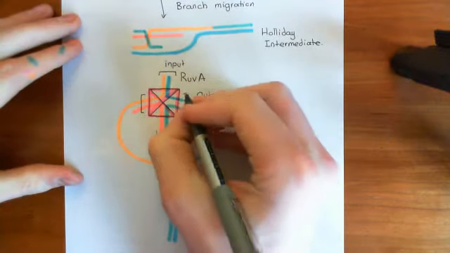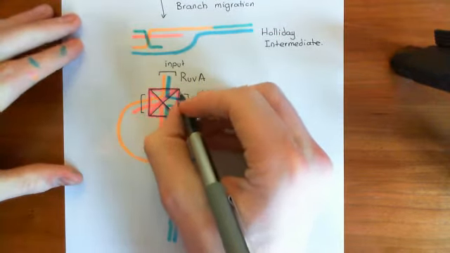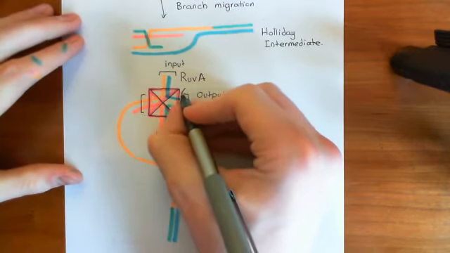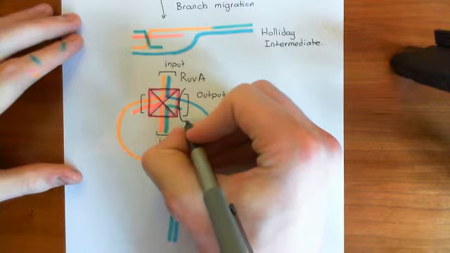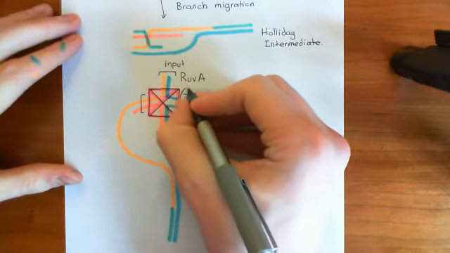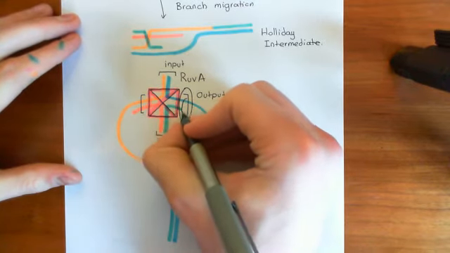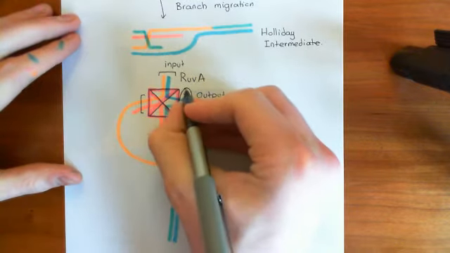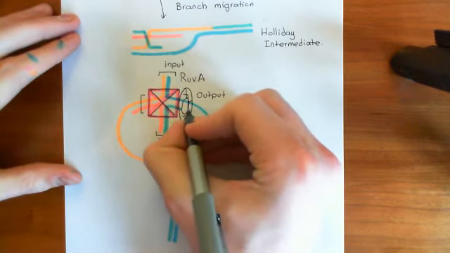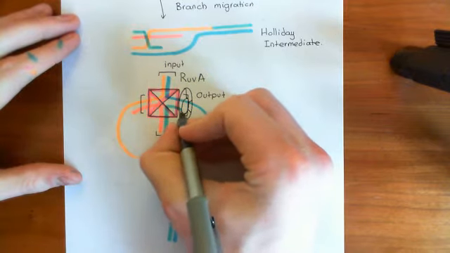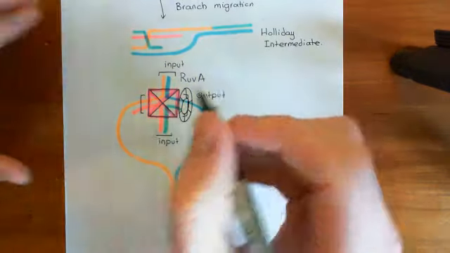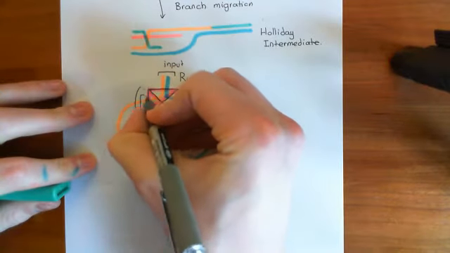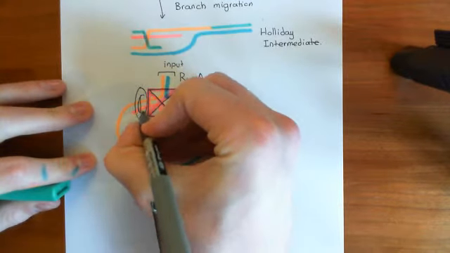Okay, so then what's going to happen on top of the tetramer of RUV-A proteins, you're then going to get a ring assembling around these output strands here. Okay, so a ring that will assemble around these outputs, and this ring consists of 6 separate proteins, 1, 2, 3, 4, 5, 6. Okay, and you're also going to get one of these rings assembling around this output strand here.